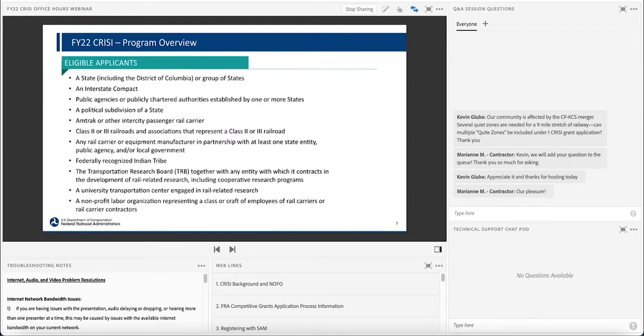Okay, next we'll talk about eligible applicants. This comprehensive list here is also in the NOFO, so this lists everyone that's eligible to apply for funding under this program.